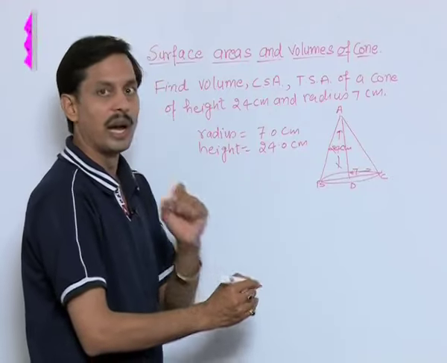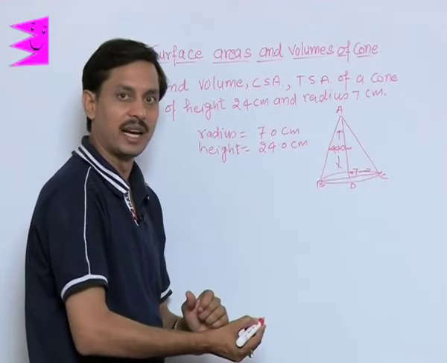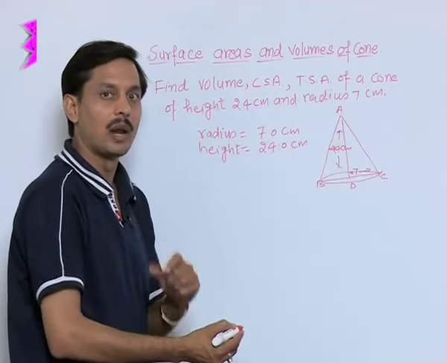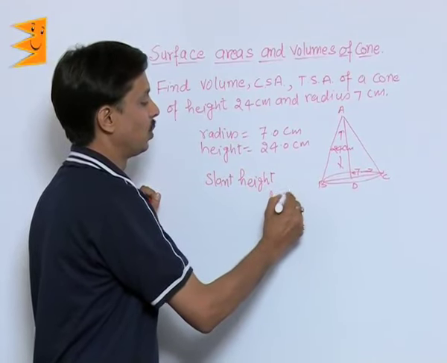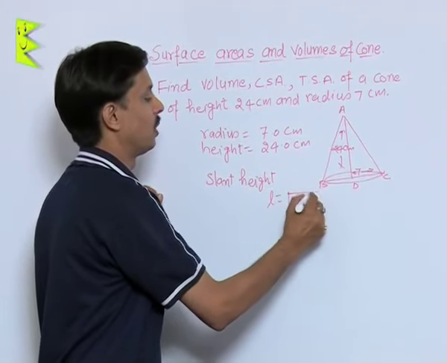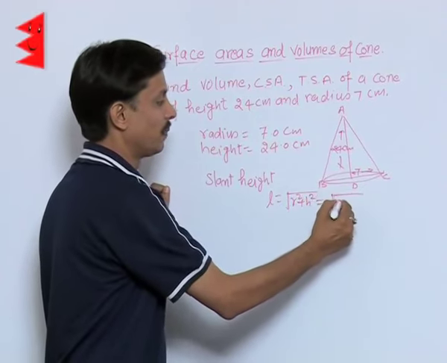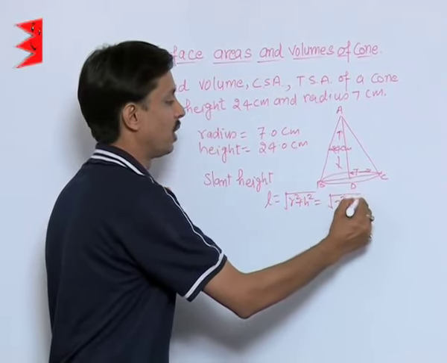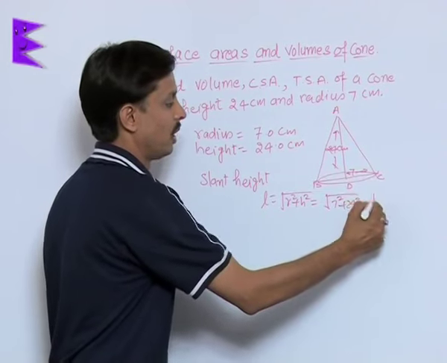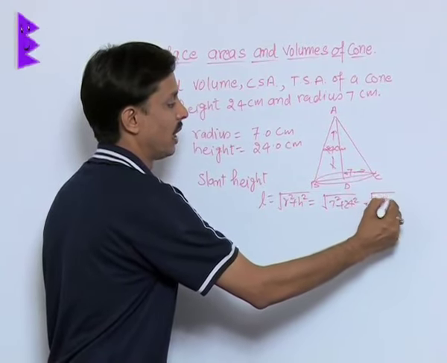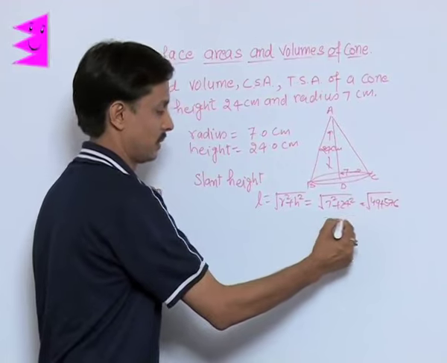But there is one more height in a cone, that is known as the slant height. To calculate the slant height, l is equal to root of r square plus h square, which becomes root of 7 square plus 24 square, which is root of 49 plus 576.